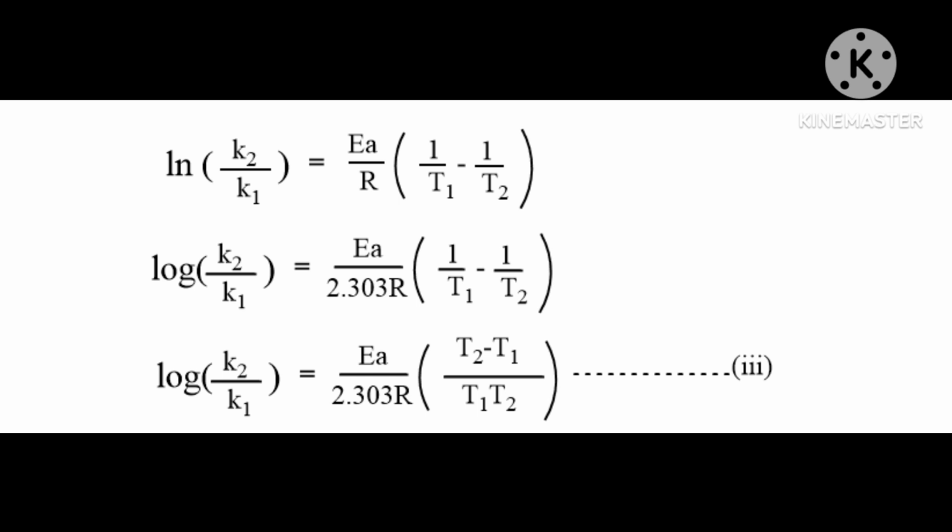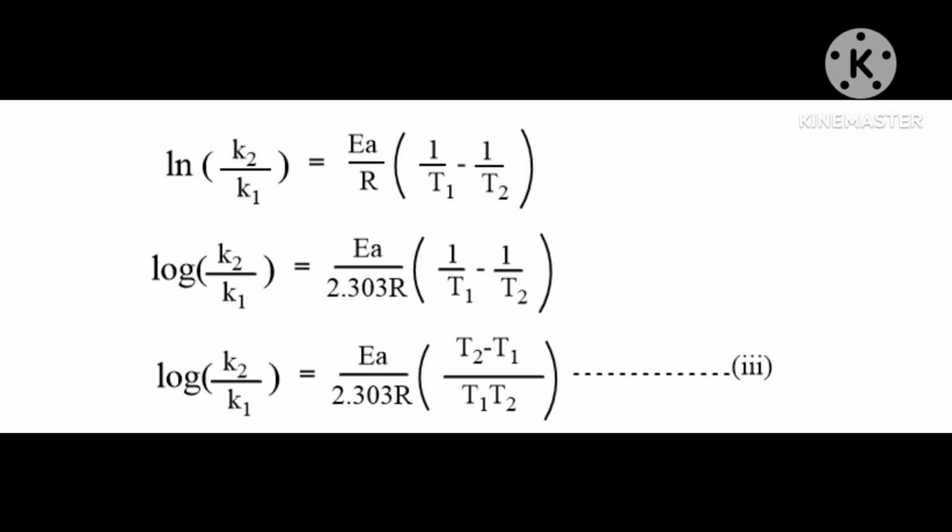Then log K2 upon K1 means what? Just 2.303 will come to the right side down. Okay, then it will be EA divided by 2.303 R, and in the bracket the same thing, 1 upon T1 minus 1 upon T2.